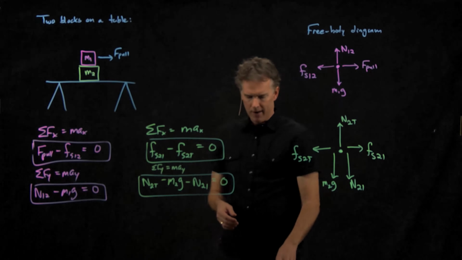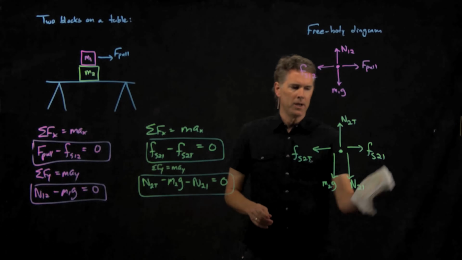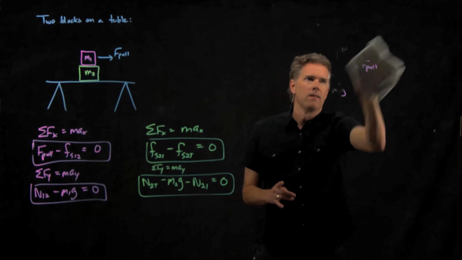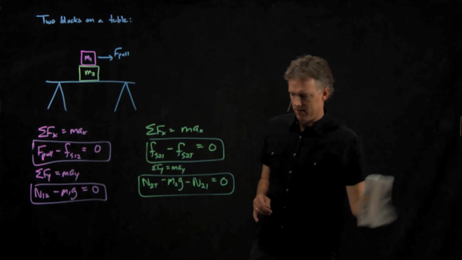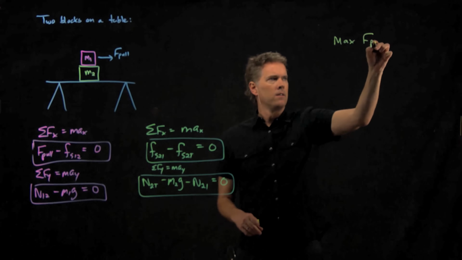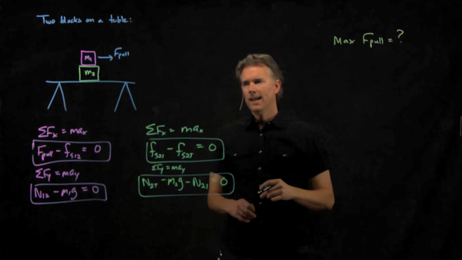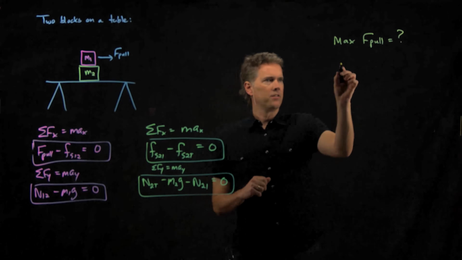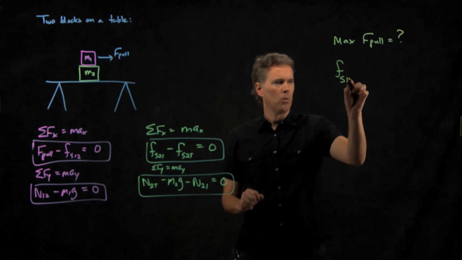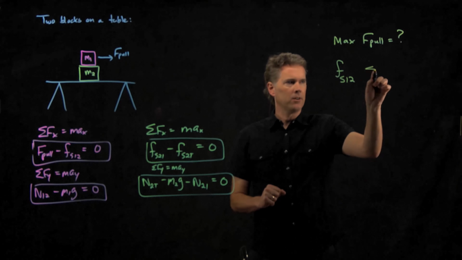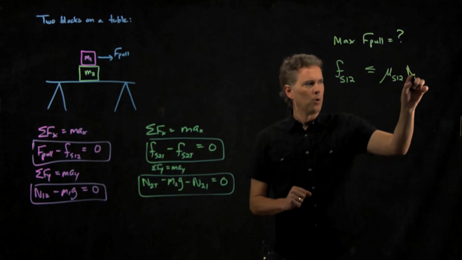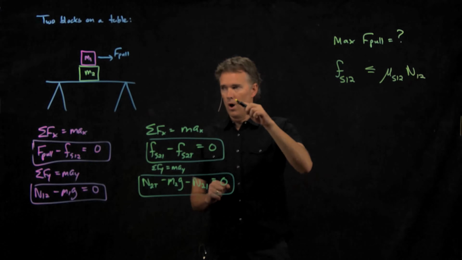And now if we're going to figure out the maximum F pull, we need to do one more thing. We need to realize that static friction, for instance, Fs12 is less than or equal to mu S12 times the normal force on 1 due to 2.